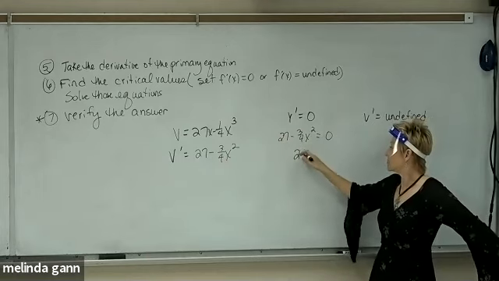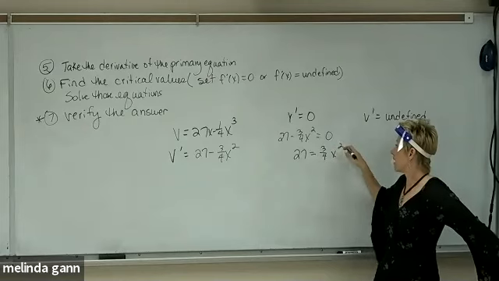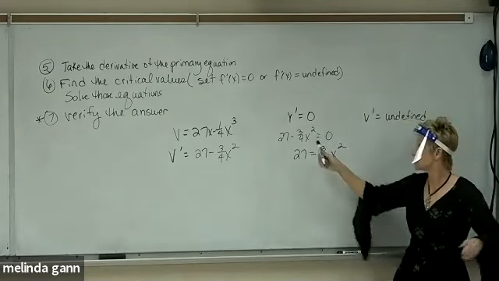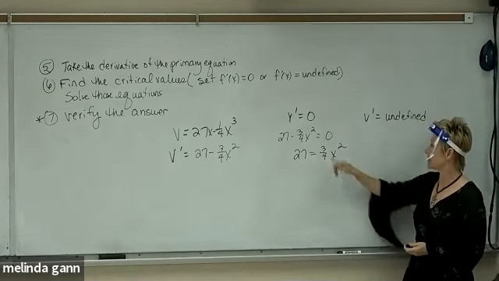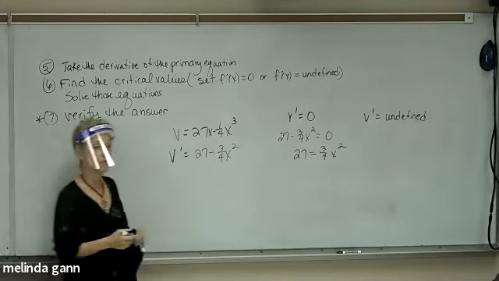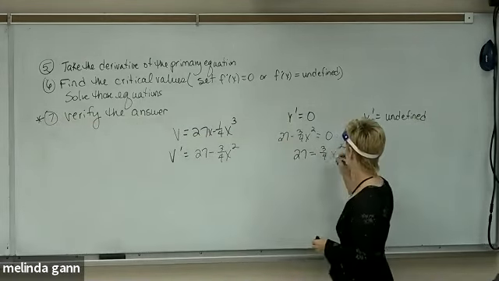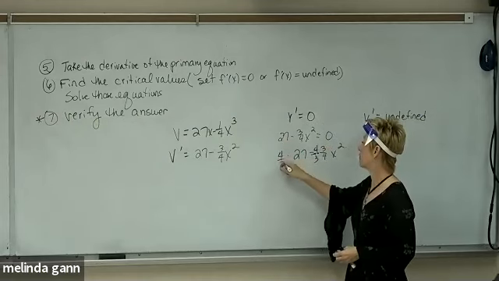Well, that's when 27 is going to equal 3/4 x squared, isn't it? When I added 3/4 x squared to both sides. All right, how can I get rid of this 3/4? Multiply by 4/3. So if I multiply this side by 4/3, I've got to multiply that side by 4/3.